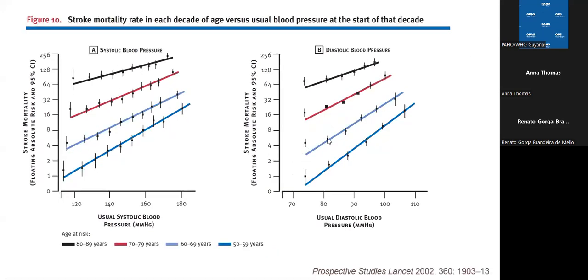The same pattern is seen here for stroke mortality. Each 20 millimeters of mercury increase in blood pressure doubles the absolute risk of dying from a stroke episode.